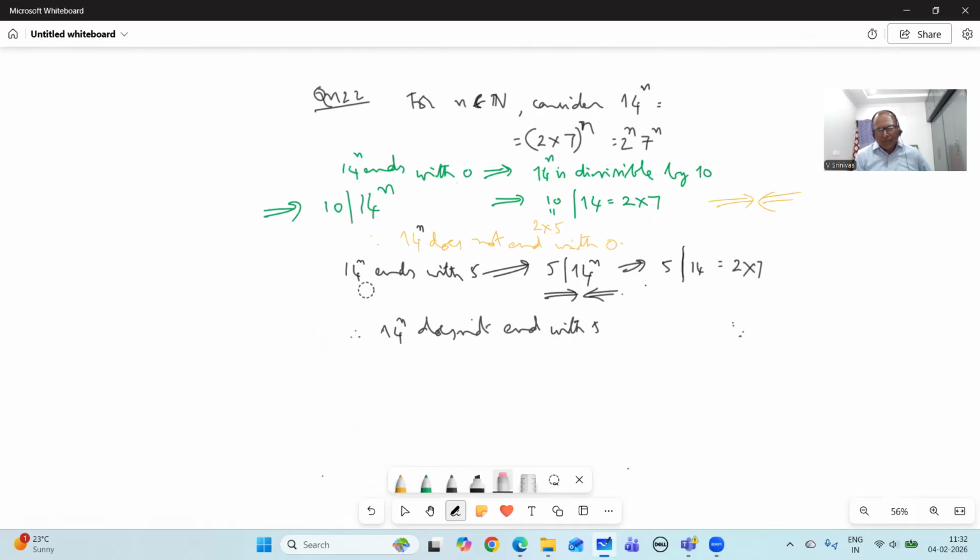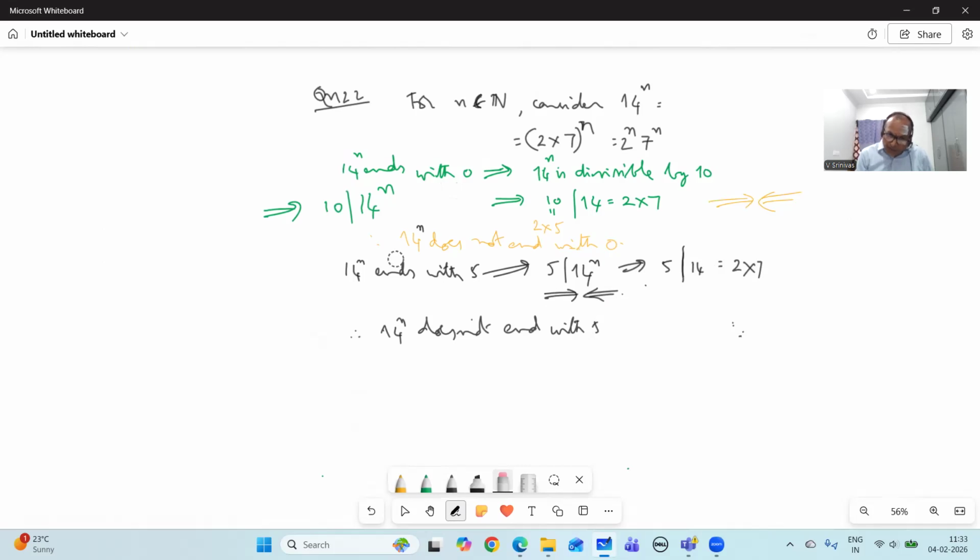Similarly, let us assume 14 power n ends with 5. Means 5 divides 14 power n. And 5 is a prime number, therefore 5 divides 14 also. 14 is 2 into 7. But 2 and 7 are primes, and 5 is prime, and 5 is not equal to either 2 or 7. So this is an absurdity, an impossible situation. 5 cannot divide 2 into 7.